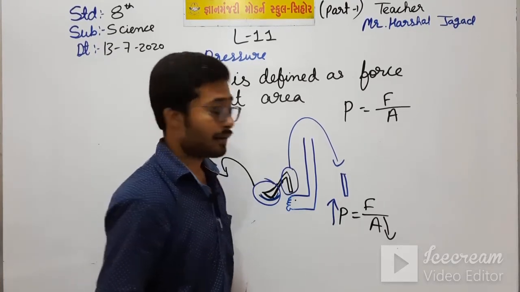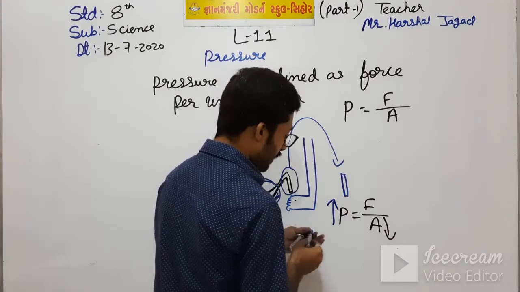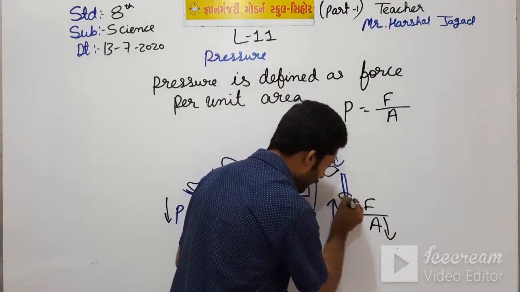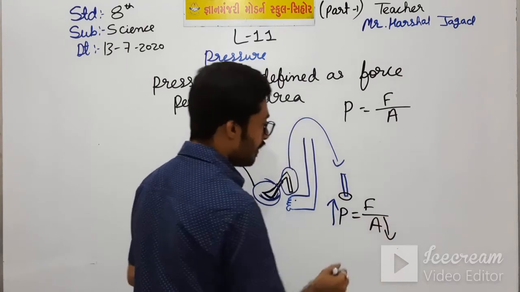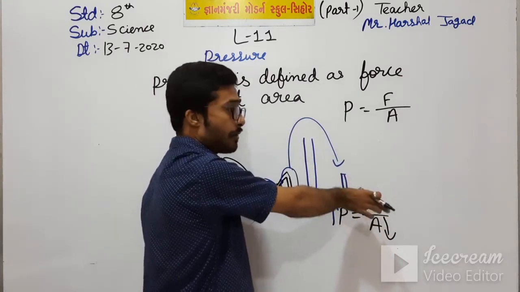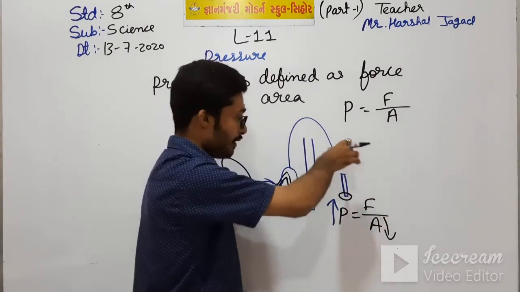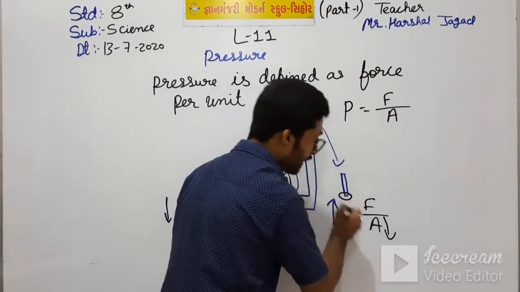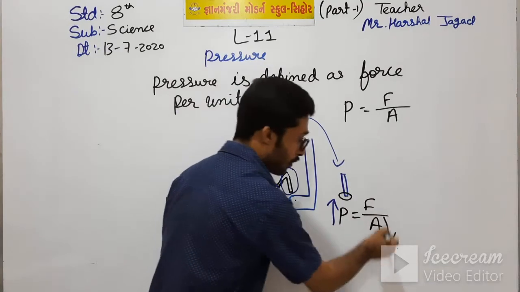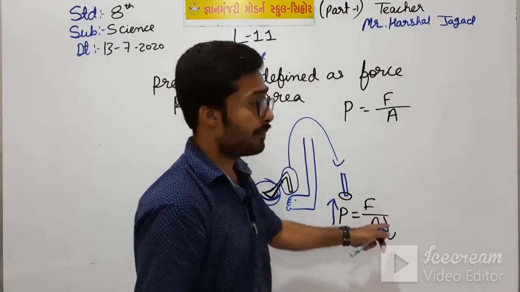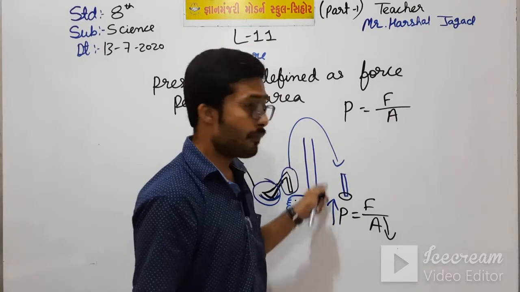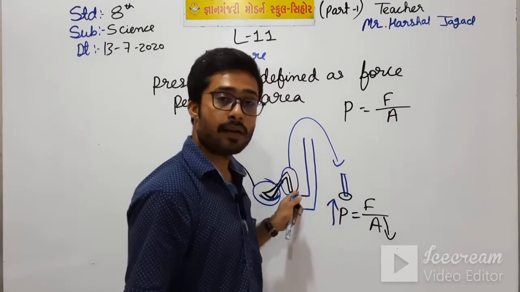Why will it hurt? Because here the area is small. So from here pressure is applied, force is applied, and here the area is small. So as the denominator is small, the pressure value will be more. So it will hurt our leg.